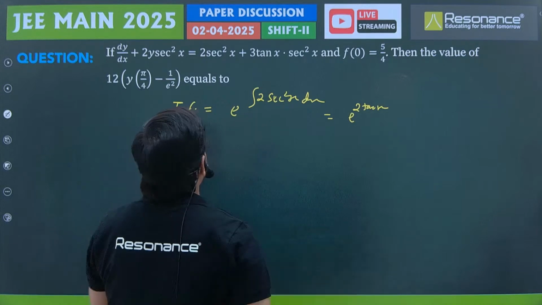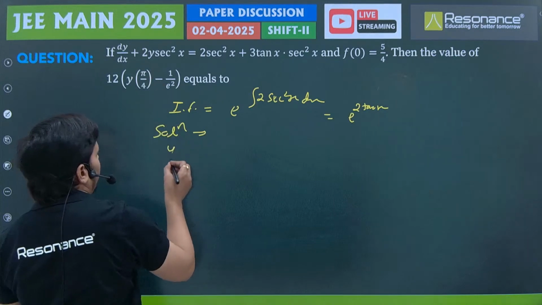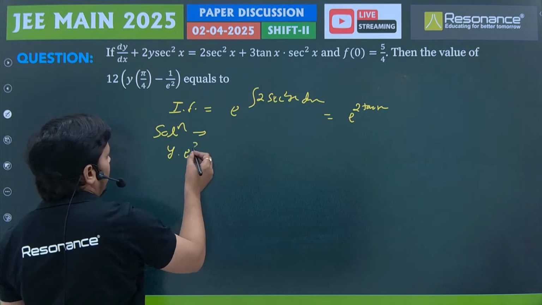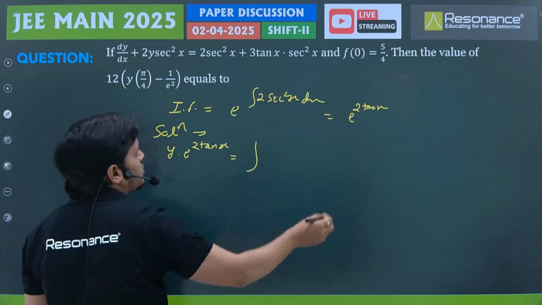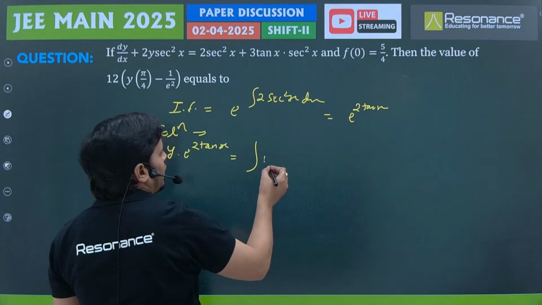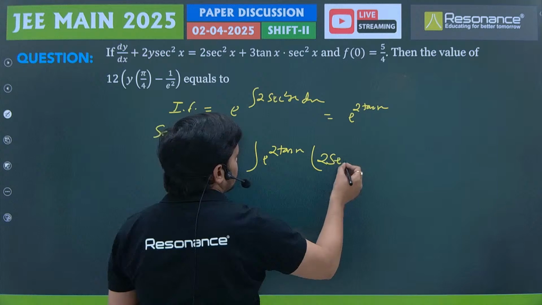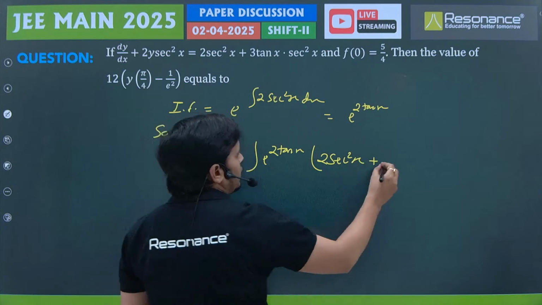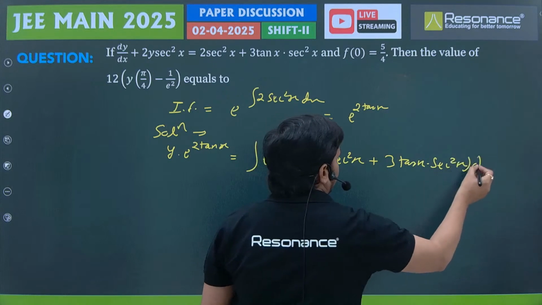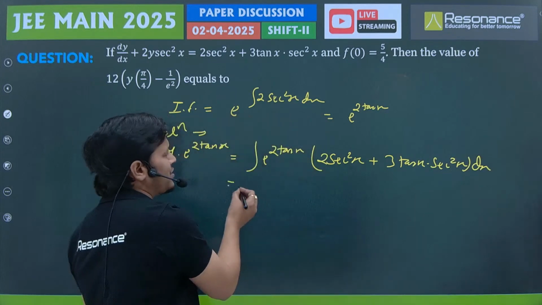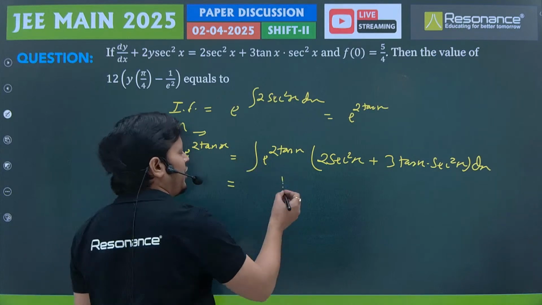Now we got the integrating factor, we write the solution formula: y, the dependent variable, into the IF, e power 2 tan x, equal to integration of IF into Q, e power 2 tan x into 2 sec square x plus 3 tan x into sec square x. On the right side we can take sec square x common and then we assume tan x. Let me write directly.